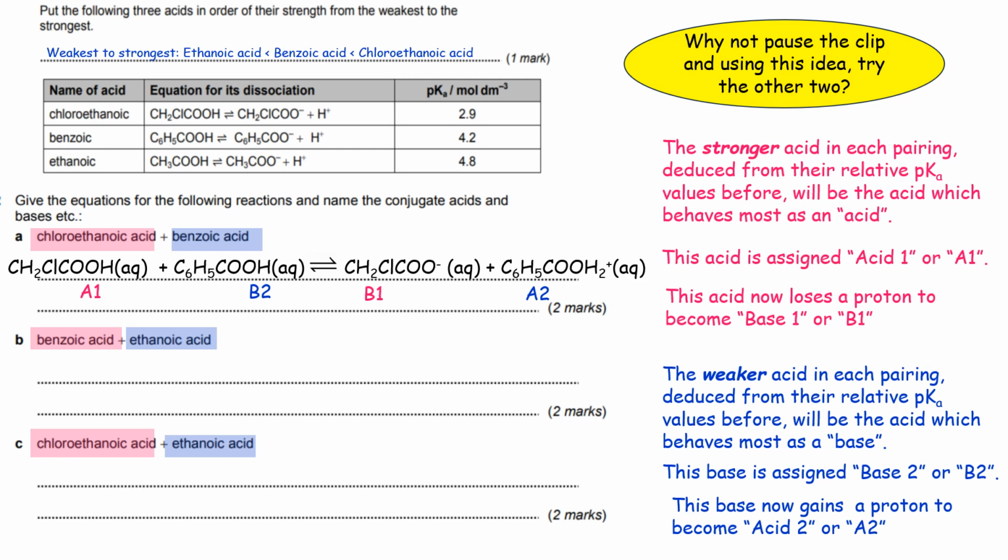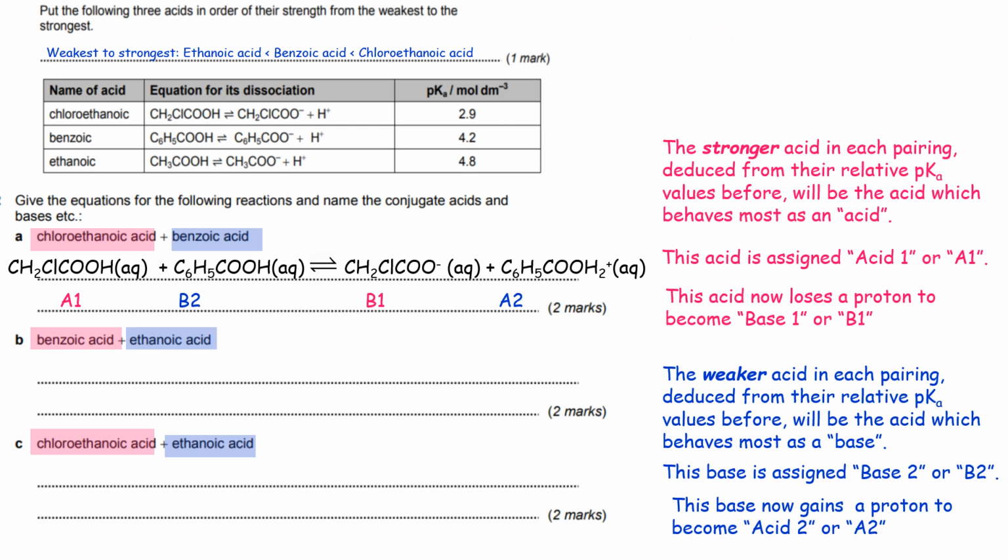Okay, welcome back. I'm assuming you've had a pop at those two. So let's have a look at part B now. Okay, so let's look at the pairing in part B. So you've got benzoic acid, which has a pKa value of 4.2, and ethanoic acid, which has a pKa value of 4.8.